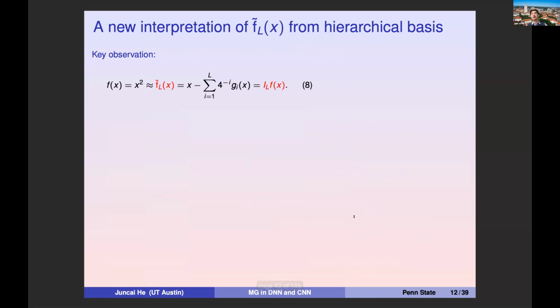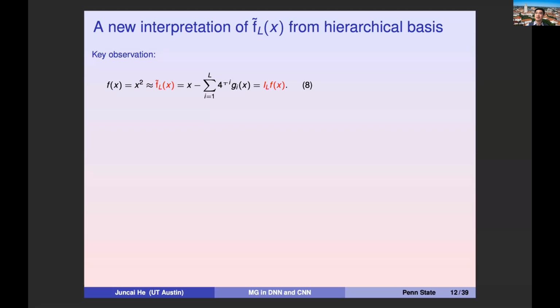So here is a diagram. The key observation is that if you have a function f(x) equal to x squared, this simple function, then you can approximate it using this f tilde, which is a DNN with this structure.